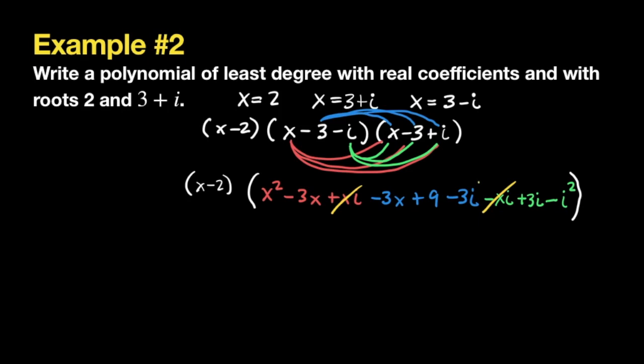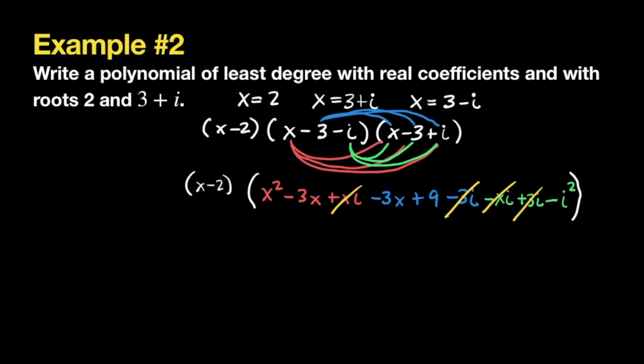So those two cancel each other out. Now, we don't have anything else that cancels out, but we still have one i squared. You have to use your understanding of complex numbers to remember that i to the second power is negative 1.